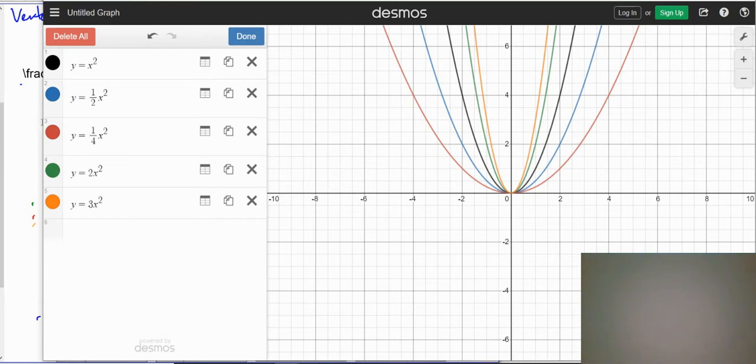And red was a quarter, which is a smaller value than the blue, so the red got even wider, more compressed. As the green one went to an A of 2 and the yellow one went to an A of 3, the green one is more narrow than the black, but the yellow, because it's a higher number, gets more narrow than even the green.